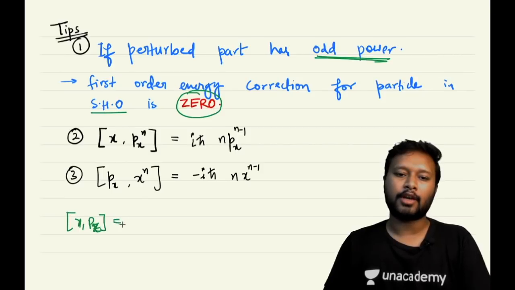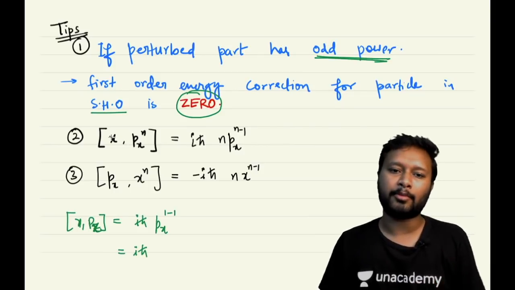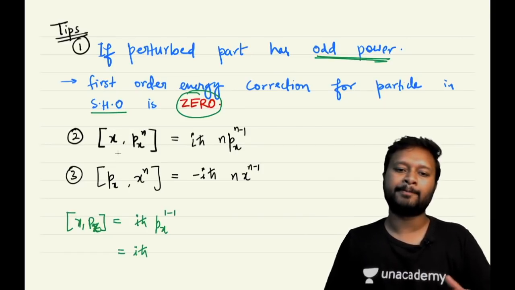The answer will be i h cross, with n being 1 because the power is 1, and px to the power 1 minus 1 is 0. So my answer will be i h cross only. So pretty simply you can calculate the commutator of your linear momentum operator and the position operator.